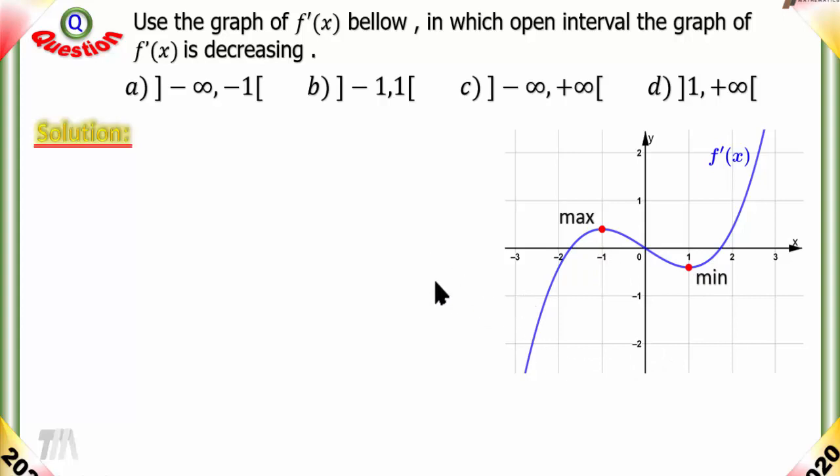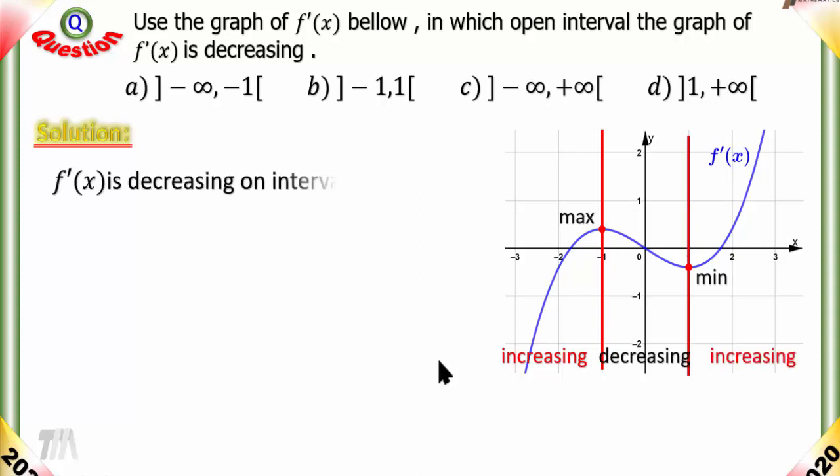When we draw vertical lines, f prime of x is increasing from minus infinity to minus 1, decreasing from minus 1 to 1, and increasing from 1 to positive infinity. So f prime is decreasing on the interval minus 1, 1. That means B is a correct answer.